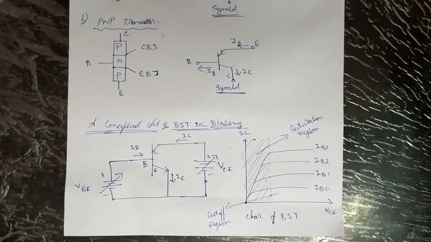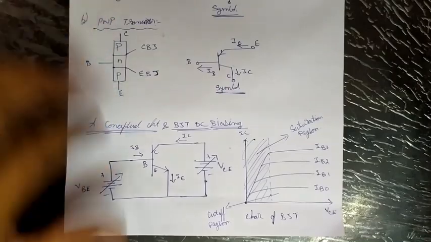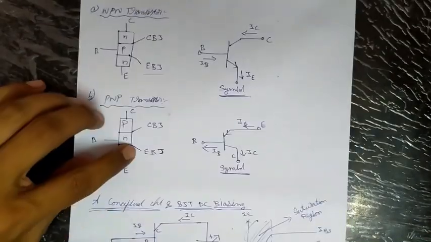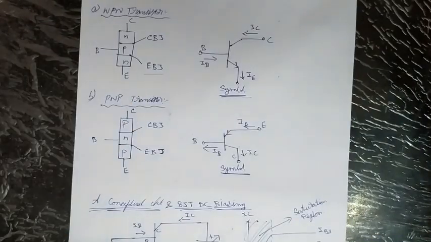The DC biasing of a transistor plays a major role in the operation and proper function of an active circuit. It is the setting of DC voltage at each of the two transistor junctions, EBJ and CBJ, such that the transistor will perform in a stable fashion in active mode.